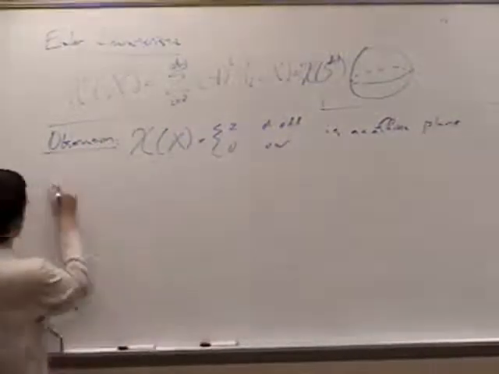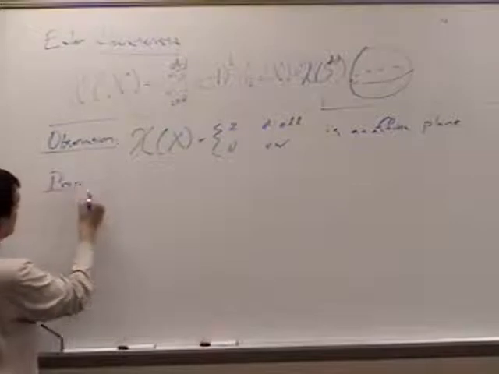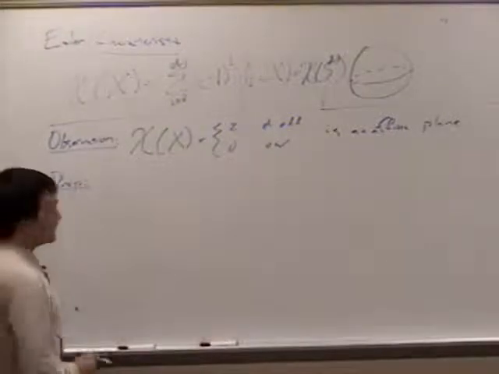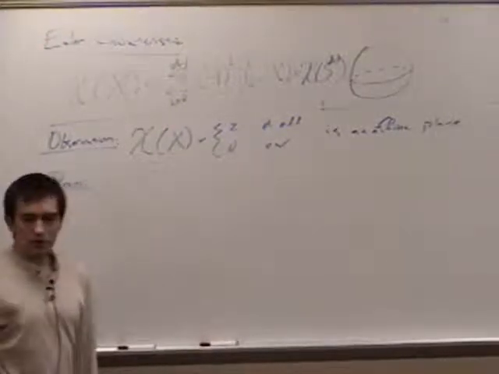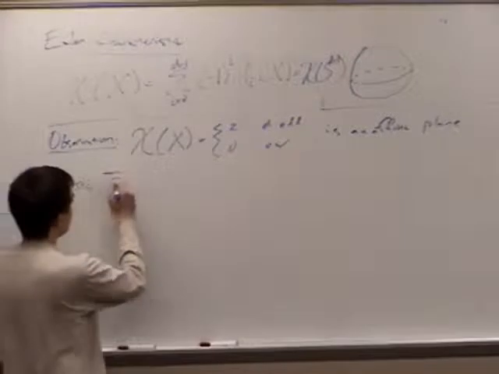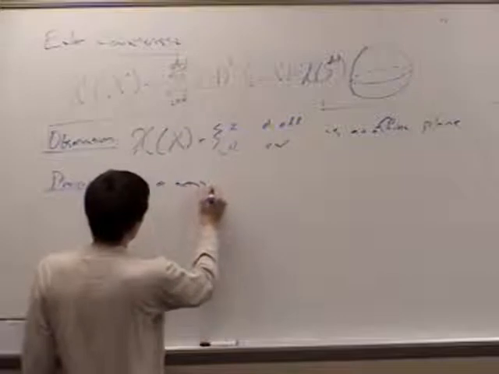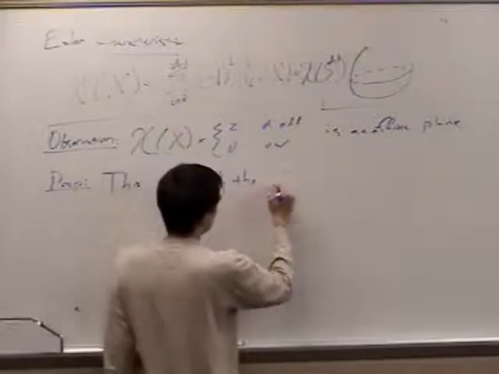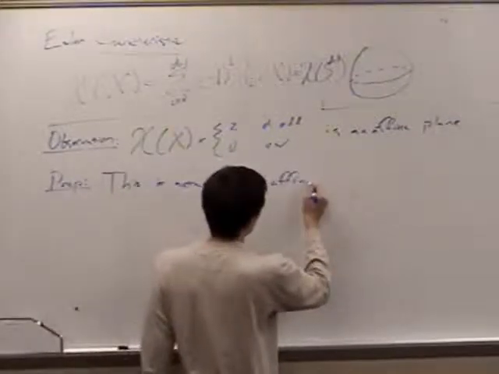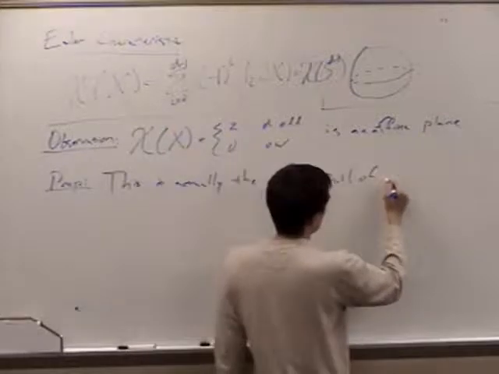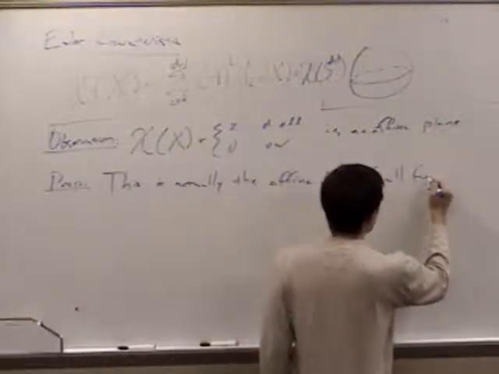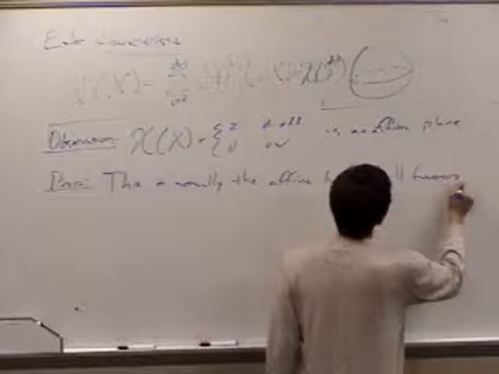And here's a proposition. I won't prove it. But this turns out to be the only constraint for a general cell complex. So this is actually the affine hull of all f vectors.